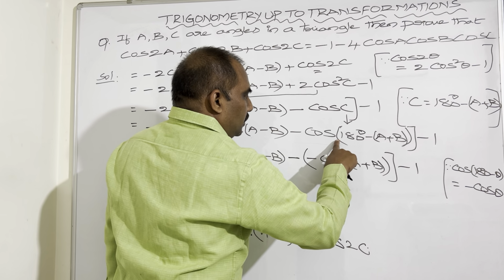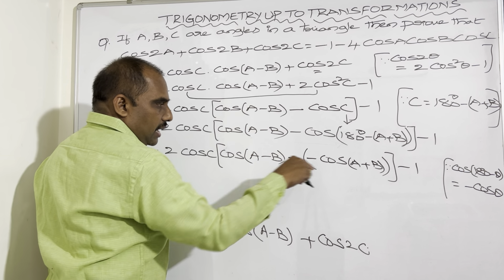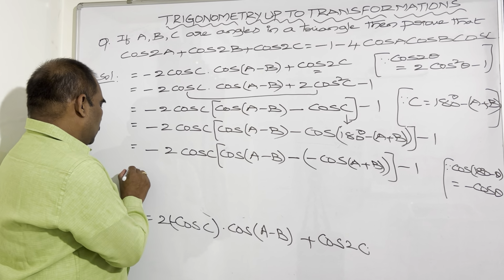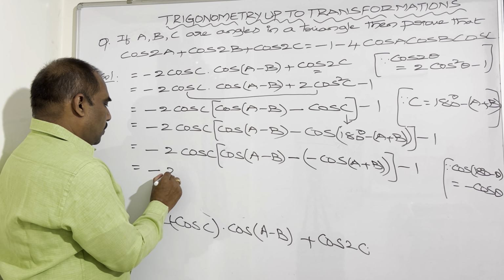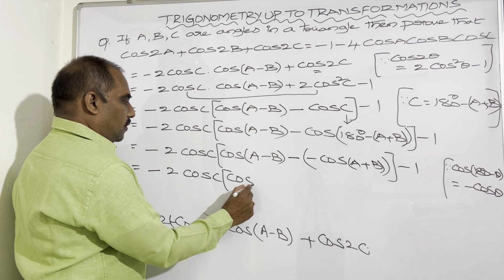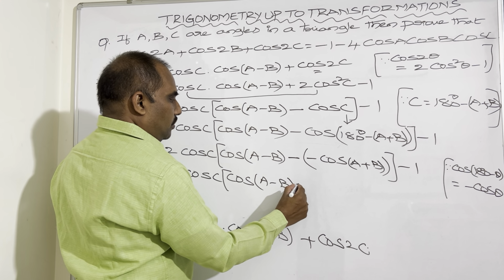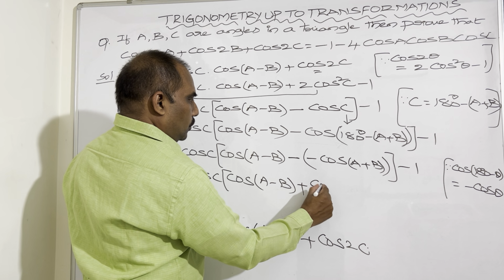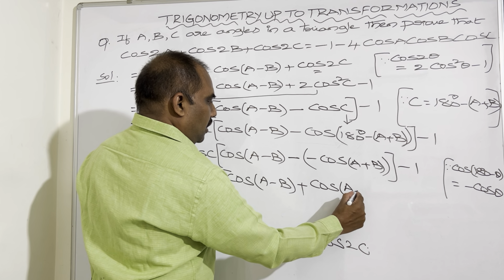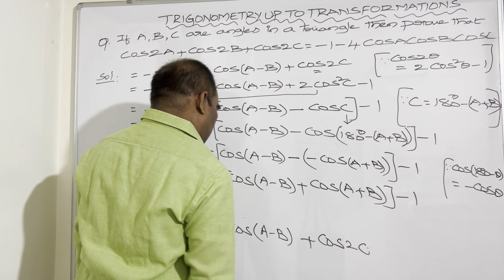Using this property, cos of 180 minus (A plus B) becomes minus cos of (A plus B). So now it is equal to minus 2 cos C into cos of (A minus B), and minus into minus becomes plus, so this is plus cos of (A plus B), and this minus 1 is written as it is.